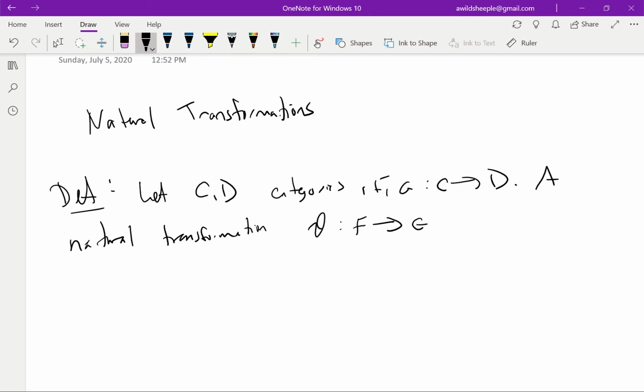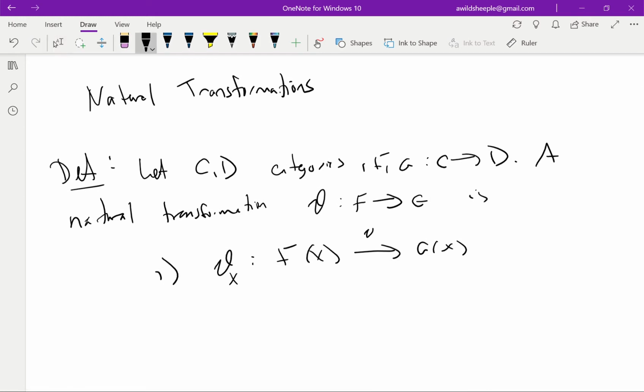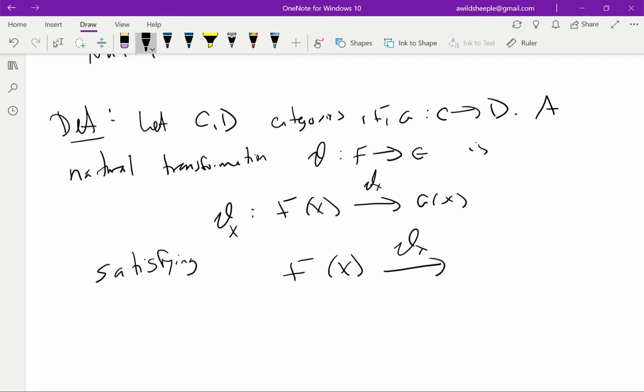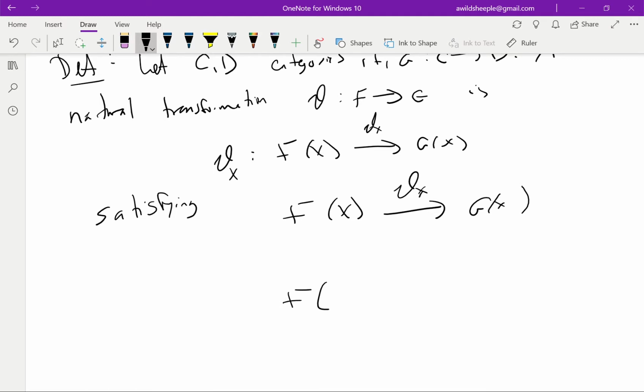And this consists of the data of, for every object x in C, a map Fx to Gx in D, which we call theta x, satisfying the following diagram whenever we have a map f from x to y.